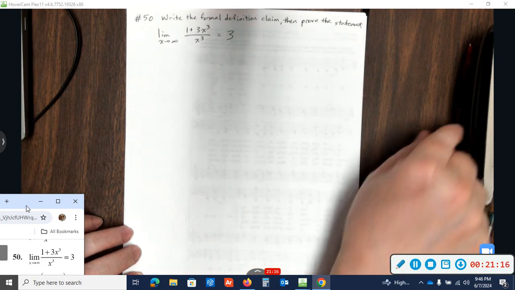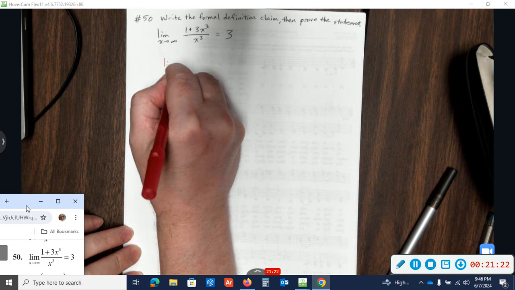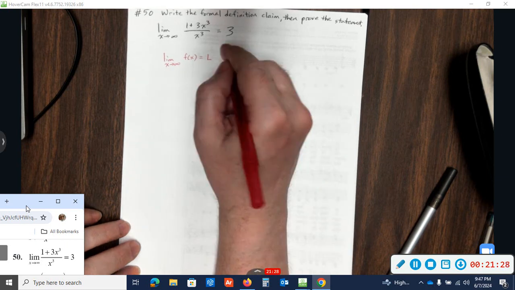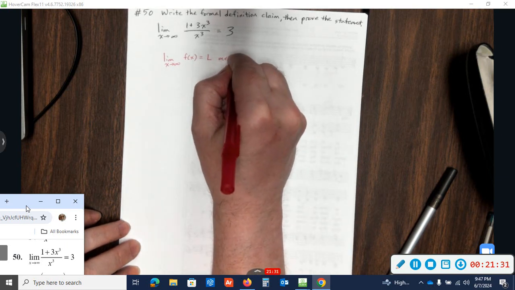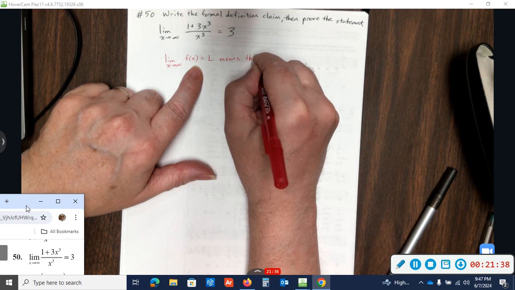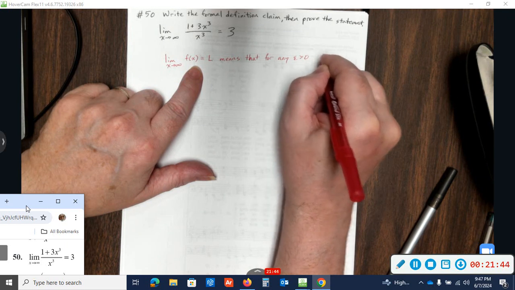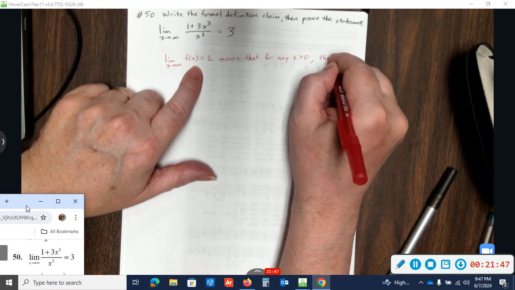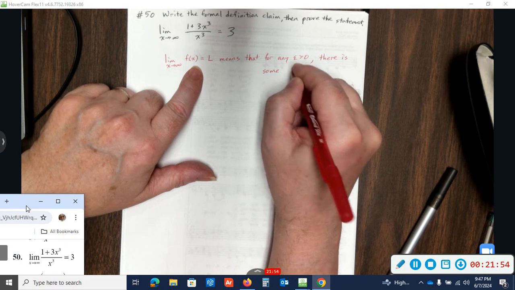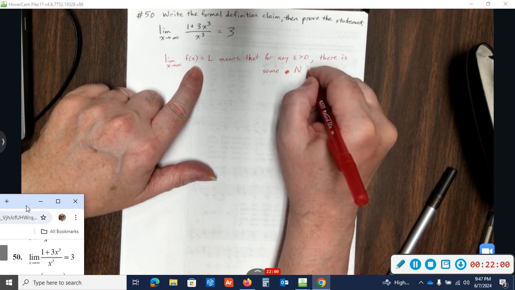So let's write out the statement. The limit as x gets large of a function equals some target value means that for any epsilon greater than 0, there is some n, not delta.